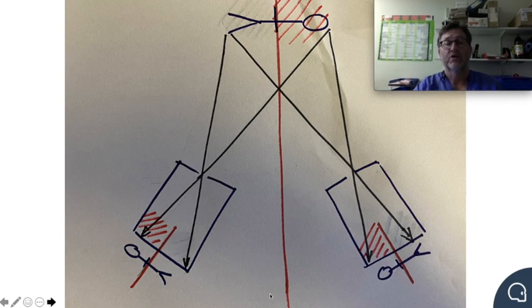And again, each eye has the image inverted, but each eye is getting a complete image of the object on both sides of the midline.